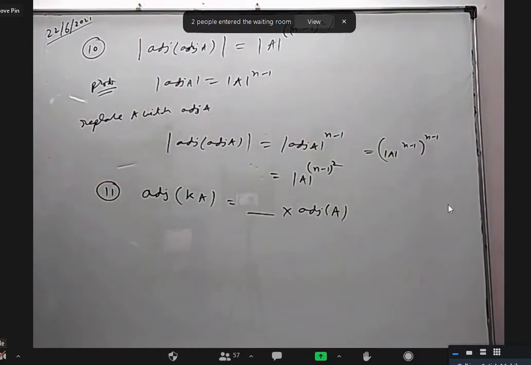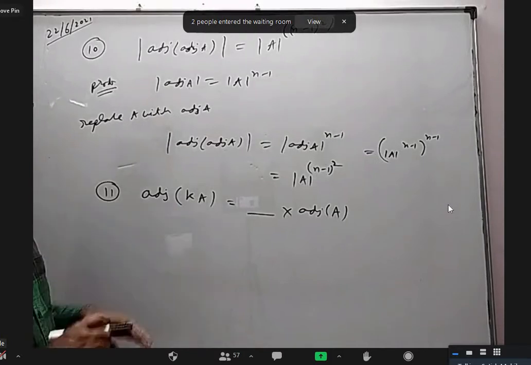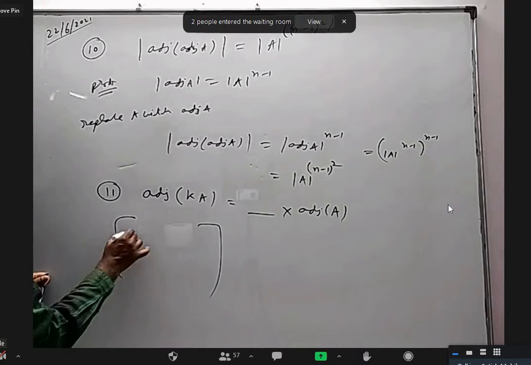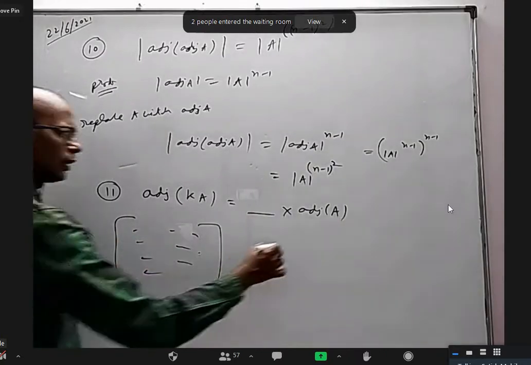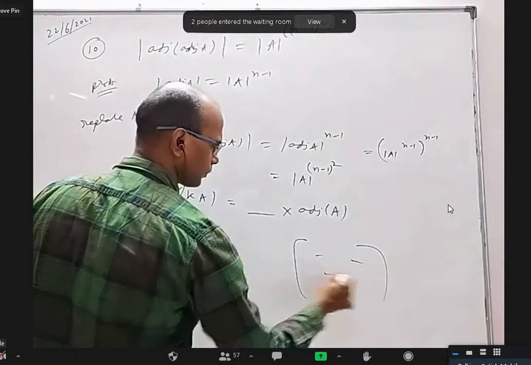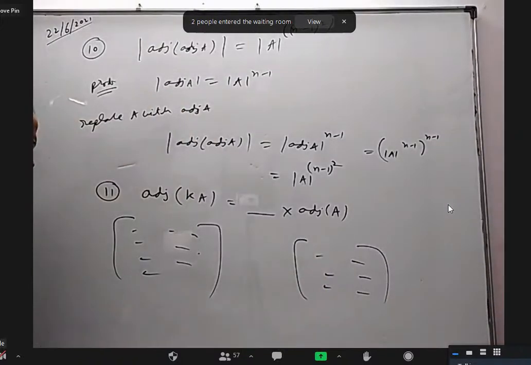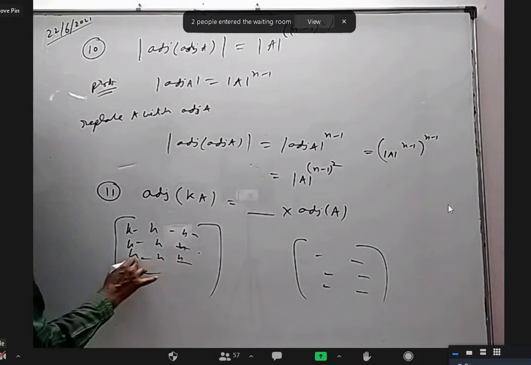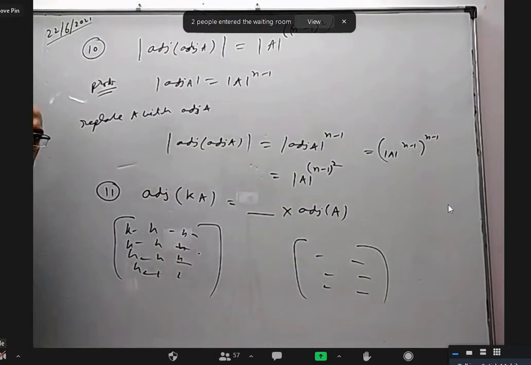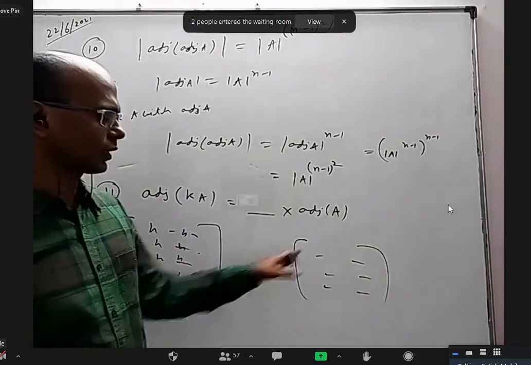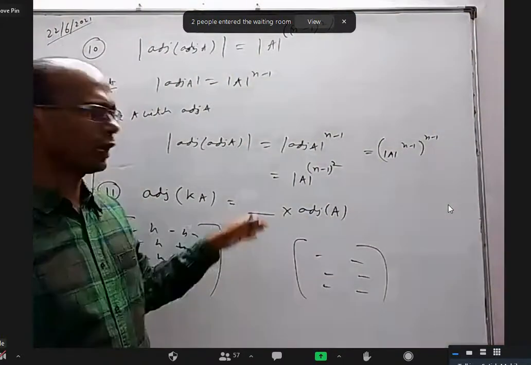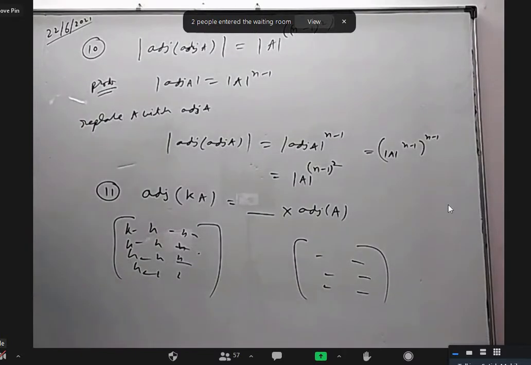Okay, what is this 11th one? Let us say I have some matrix, and I found its adjoint matrix. If I multiply all elements with k, and then try to find their cofactors and find the adjoint matrix, compared to the original adjoint matrix, what will happen now?